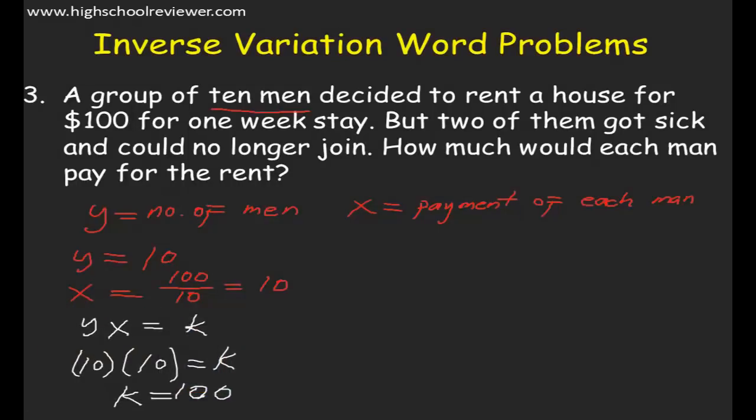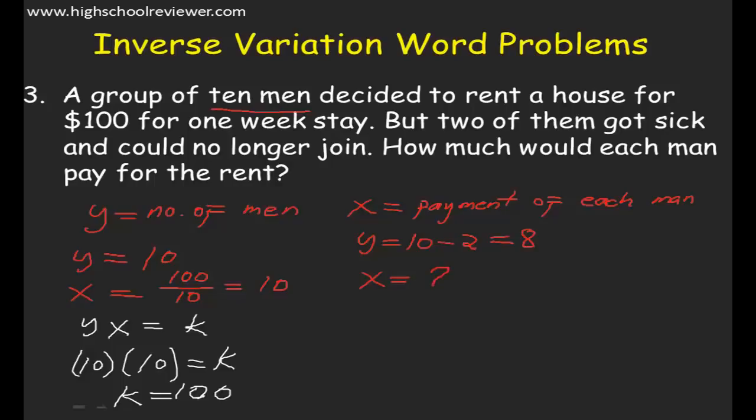Okay. 2 of them got sick and could no longer join. So this means that our y here will be the 10 men minus 2 who got sick. This will be 8. And the second value for x, how much would each man pay? So x here, or the amount of payment of each man, is unknown.